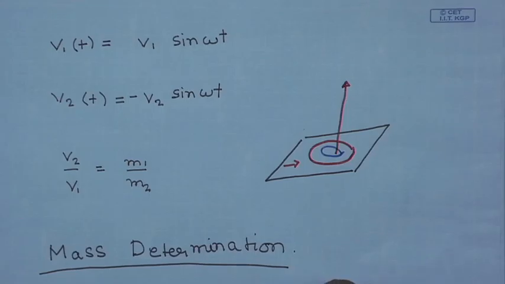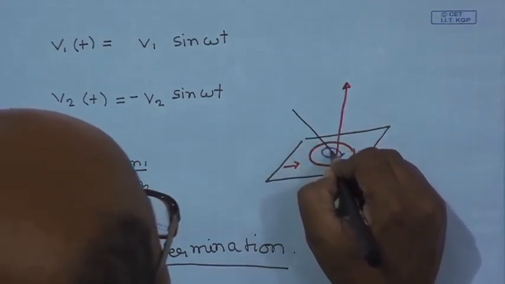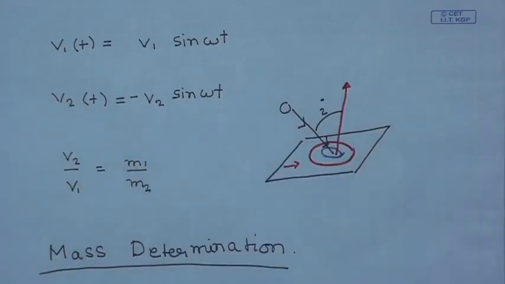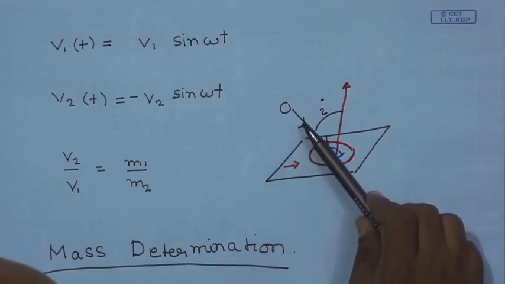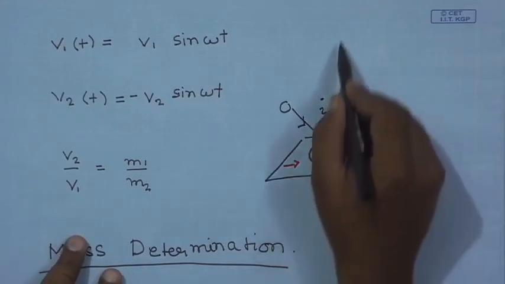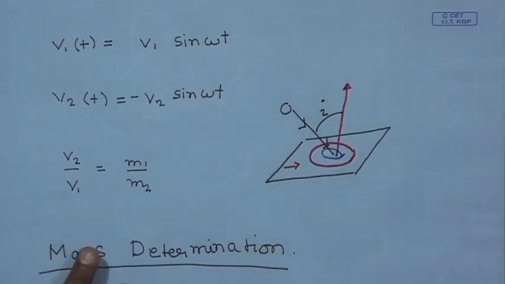We shall now consider a more general situation where the observer could be at an arbitrary inclination angle. So, this is the inclination angle I, this is the direction of the observer. Now, in such a situation, the observer will only see the component of the velocity in this direction, and it is clear that if the observer is located exactly perpendicular to the orbit, he will not see any velocity.